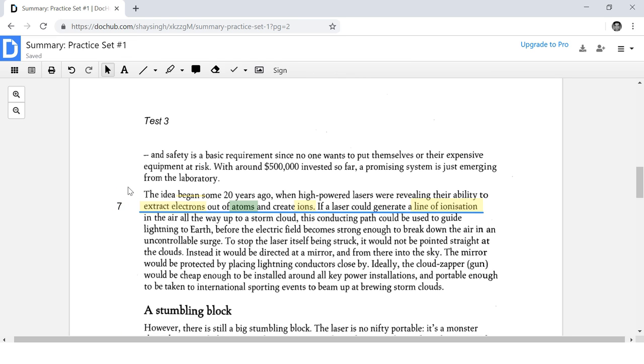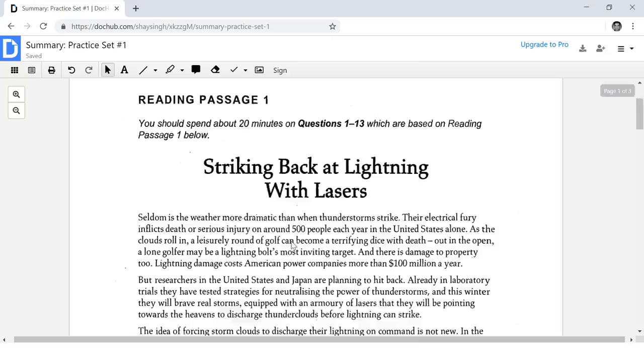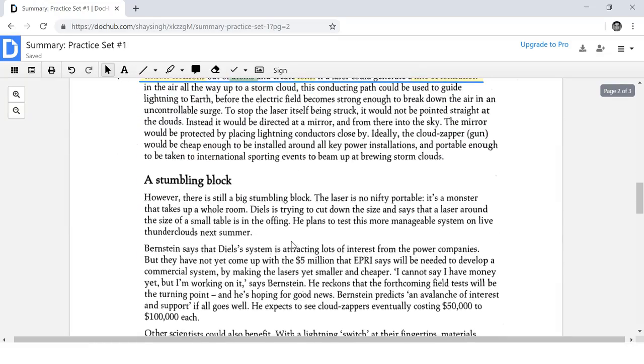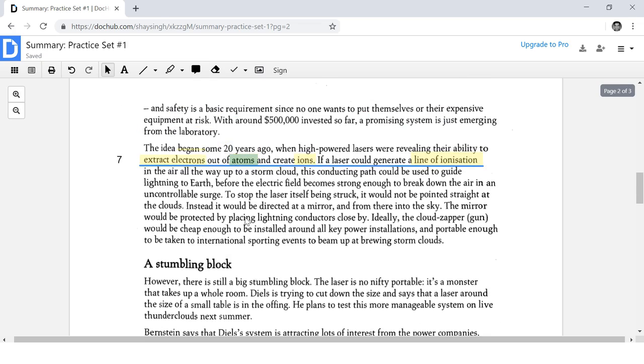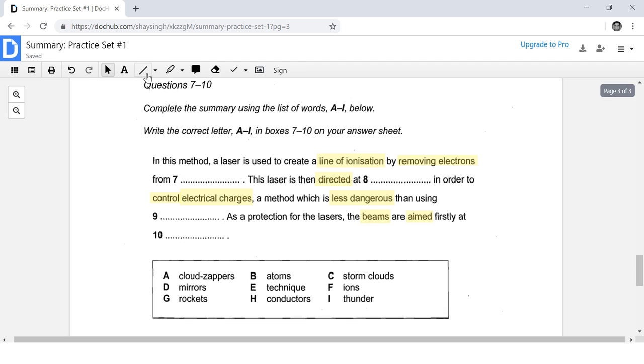And I'm assuming that these questions will go in order, especially since these questions appear in reading passage number 1. These questions are more likely to go in order. So the answer to that is atoms. The correct answer is going to be the letter B. So put that into your answer sheet and let us move on to the next question.